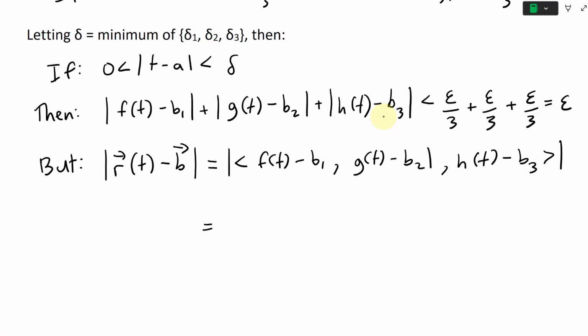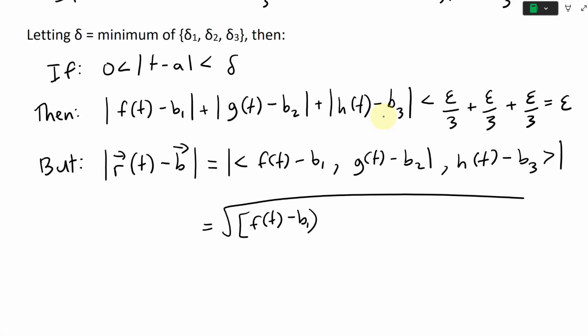This will just equal the square root of, again, the absolute value of it is going to be the distance. This is going to be f of t minus b1 squared plus, and again this is the distance between the difference of vectors, the distance between those 2 points.